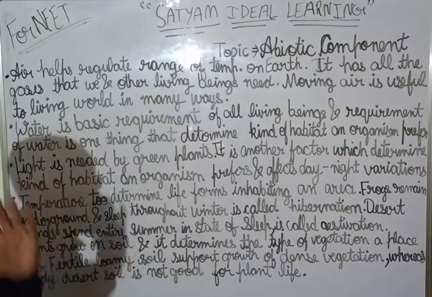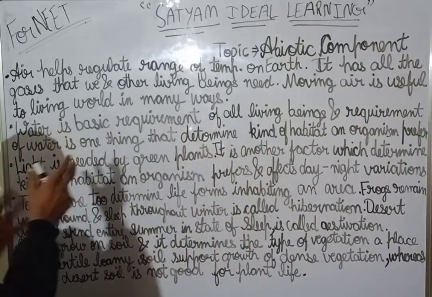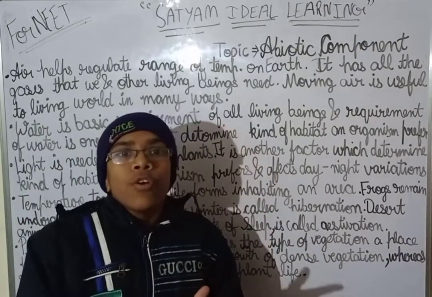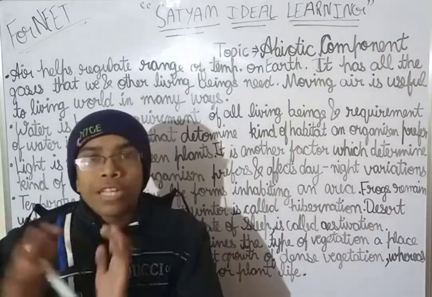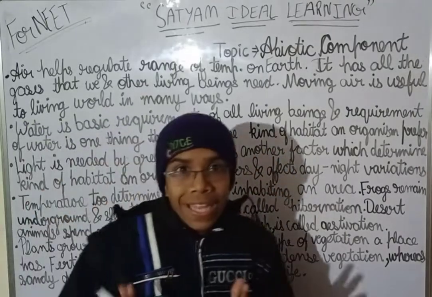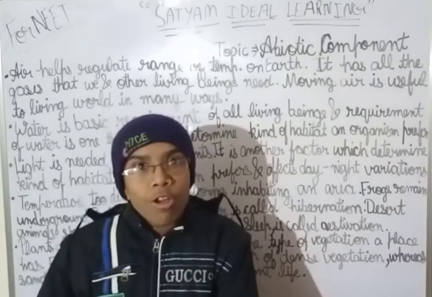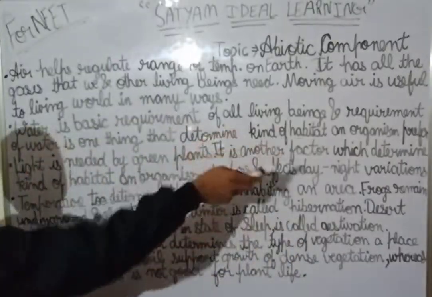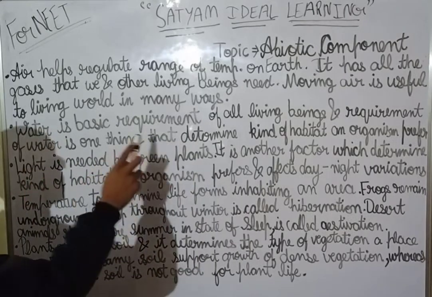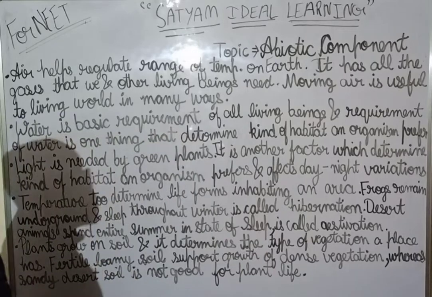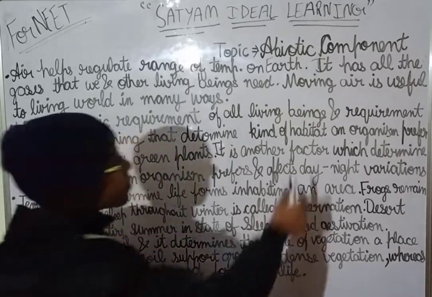Now, listen carefully, guys. The requirement of water varies from one organism to another organism. So the requirement of water is one of the things that determine the kind of habitat where an organism lives.